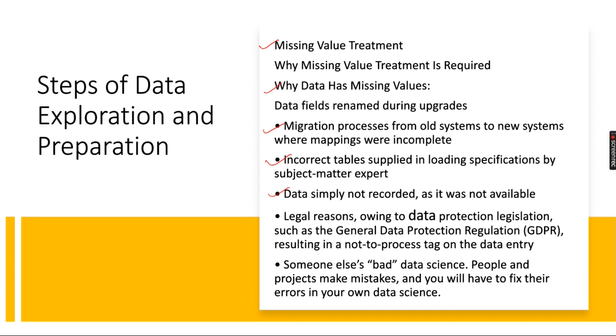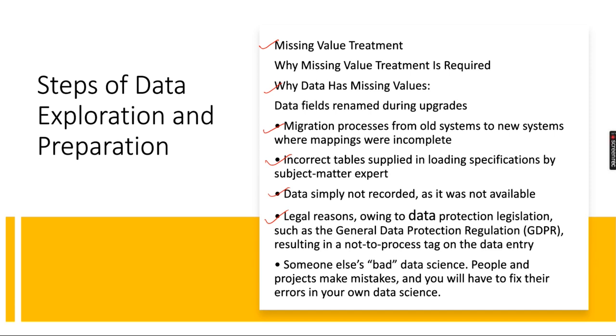Like if a person has not specified the age, the person's age may go blank. Legal reasons owing to data protection legislation such as the General Data Protection Regulation, resulting in a not to process tag to the data entry. So if a data entry has a tag that the data cannot be processed as per the GDPR, we have to keep it blank.